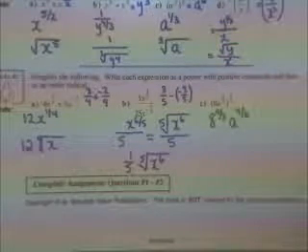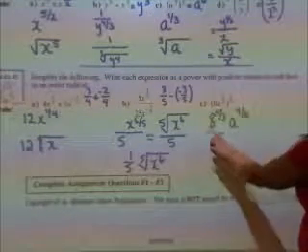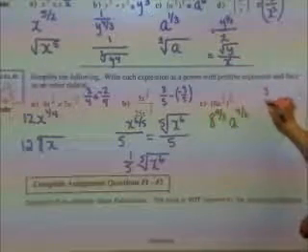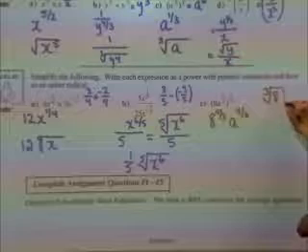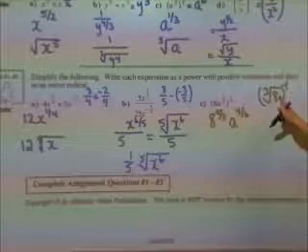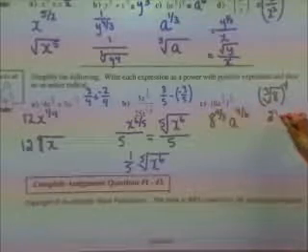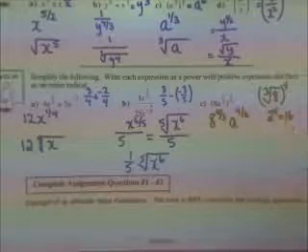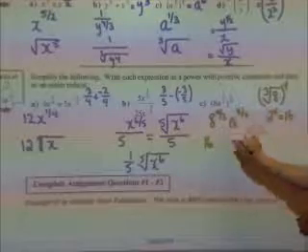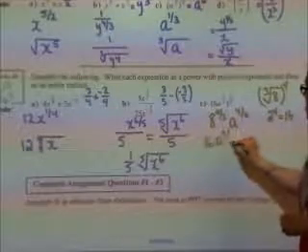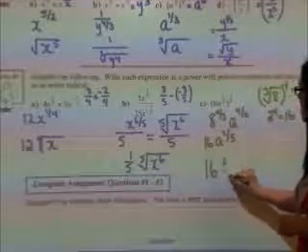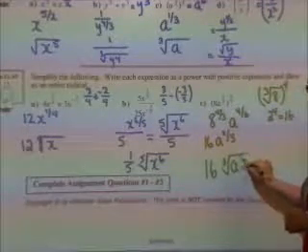If I simplify 8 to the power of 4/3, that's the same as the cubed root of 8 raised to the power of 4. Cubed root of 8 is 2. 2 to the power of 4 becomes 16. So I get 16. My 4/6 becomes 2/3, which as a radical is the cubed root of a squared.